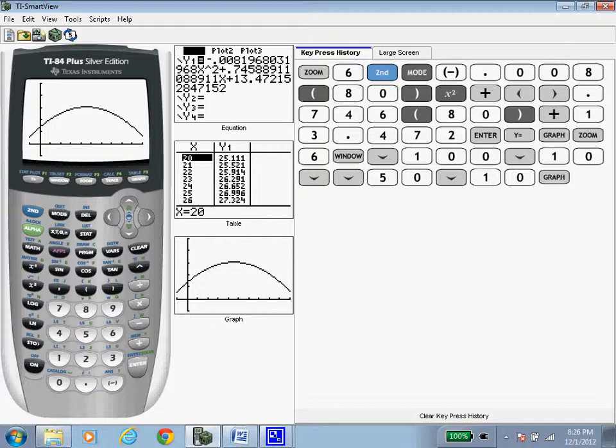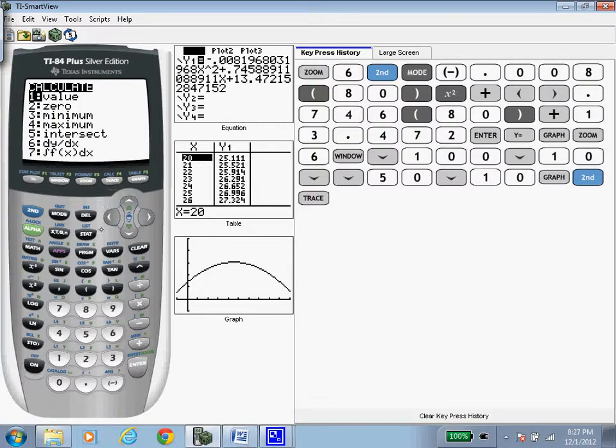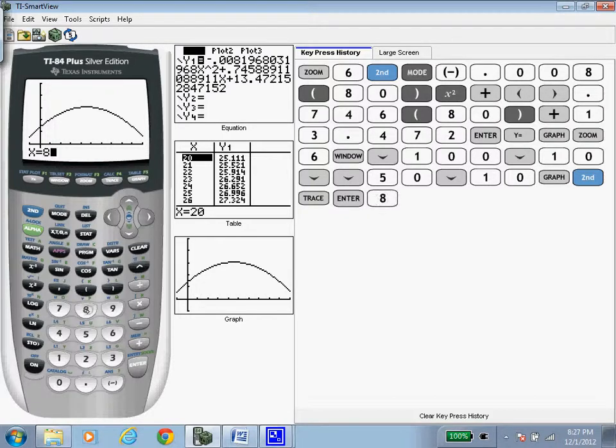In order for this type of problem to find an output given an input, we can go to the same menu, second trace, and if I want to find an output for a given input, I choose option 1 for value, and then I just type in the value that I want. So we know that x equals 80 because the car is traveling at 80 miles per hour. Hit enter, and I'll get the y value.